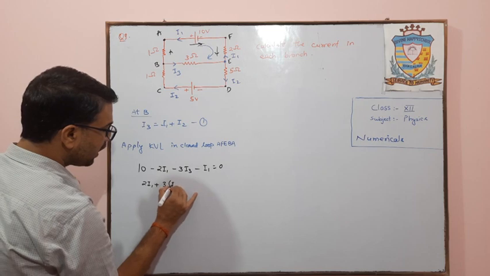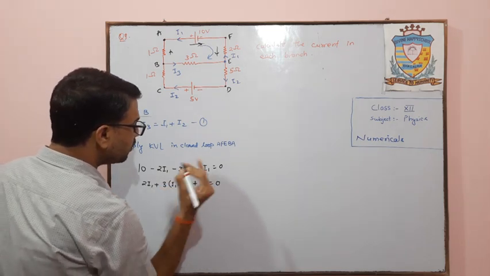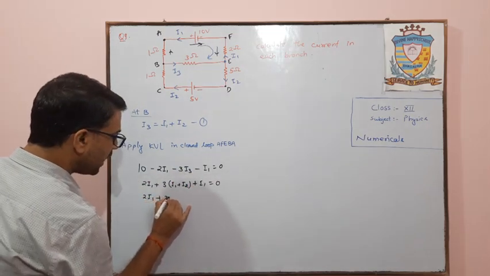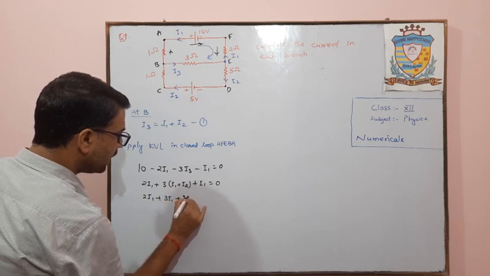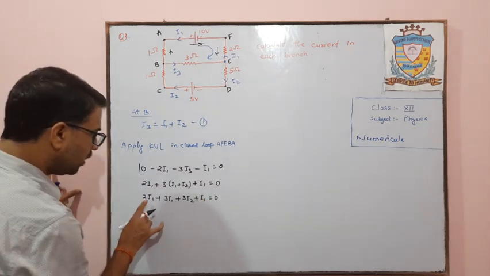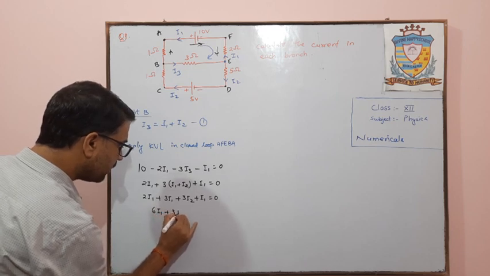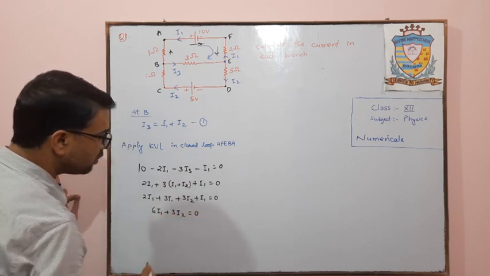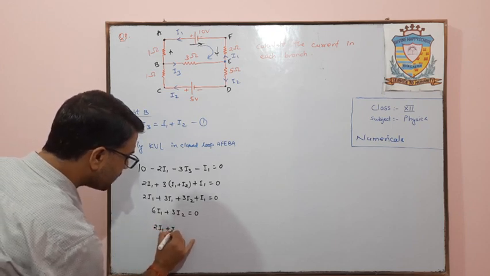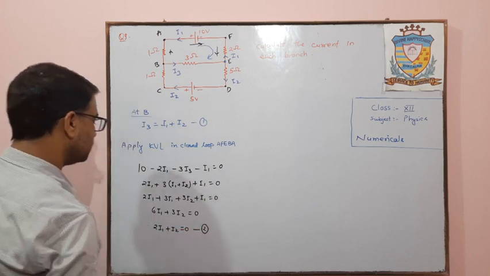So 2I1 plus 3(I1 plus I2) plus I1 is equal to 10, or 2I1 plus 3I1 plus 3I2 plus I1, where 2 plus 3 is 5, plus 1 is 6, so 6I1 plus 3I2 is equal to 10. We'll take 3 as common. So now we have 2I1 plus I2 equal to 10/3. This is our equation number 2.